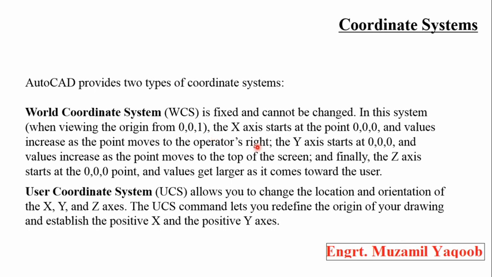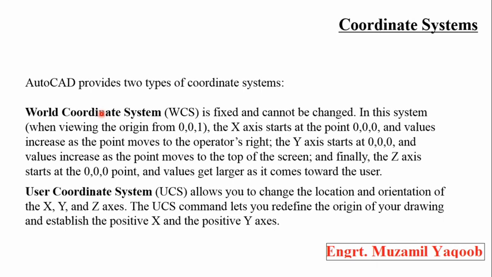The y-axis starts at 0,0,0 and values increase as the point moves to the top of the screen, and finally the z-axis starts at 0,0,0 and values get larger as it comes toward the user. So basically in 2 dimensions the world coordinate system is used.